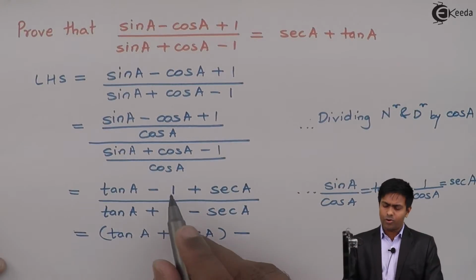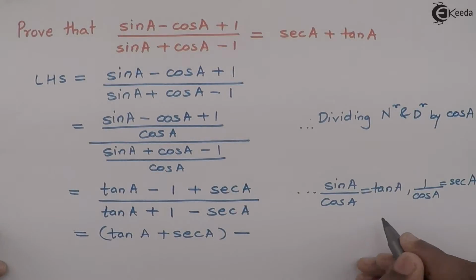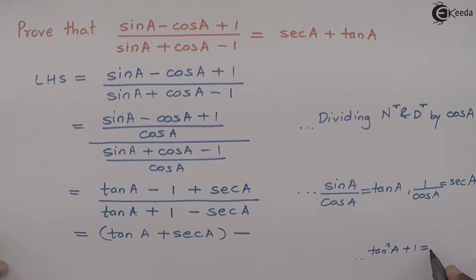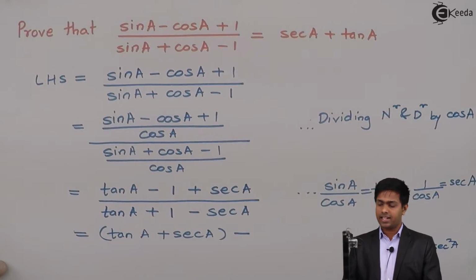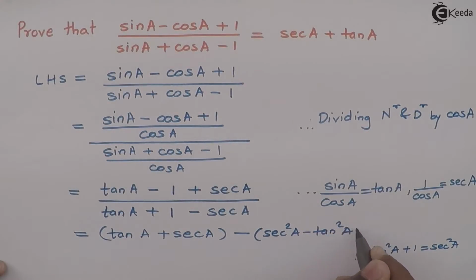If I want to represent 1 in terms of sec and tan, then we know that tan square a plus 1 is equal to sec square a. So if I send this tan square a to the right hand side, it will be sec square a minus tan square a equal to 1. So it means I got the value of 1 as sec square a minus tan square a.